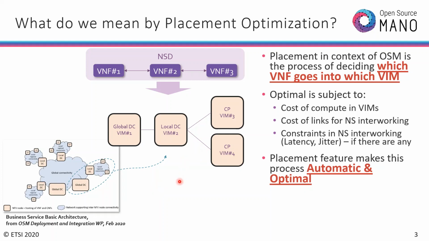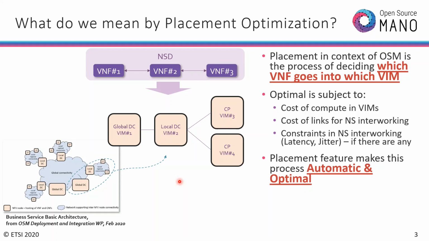And what we also apply are constraints that we may want to have, or that are built into the network service. Now we talk about latency and jitter. There could be other things as well.